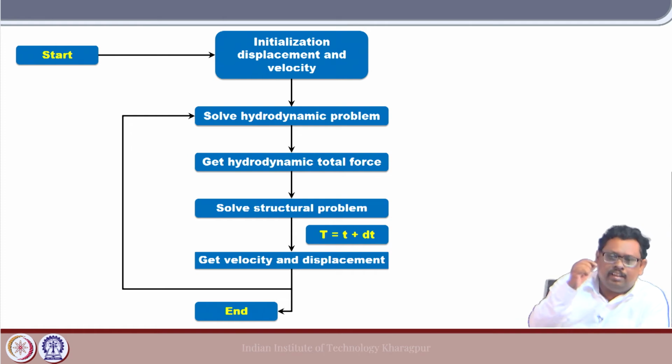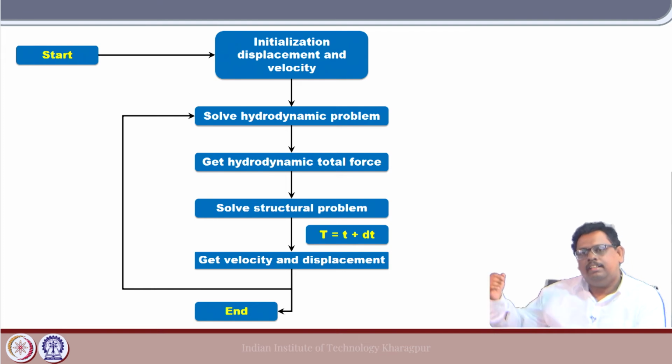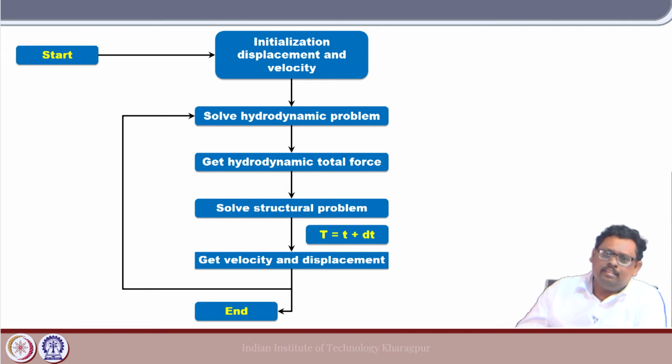Why do I solve the hydrodynamic problem? Because by solving this I know the hydrodynamic pressure distribution over the hull, right. Now, this hydrodynamic pressure distribution is important because that is going to solve your structural problem. So, that would be the input.